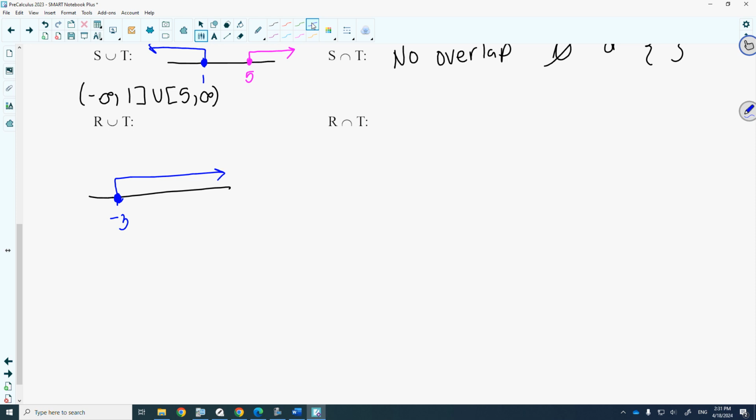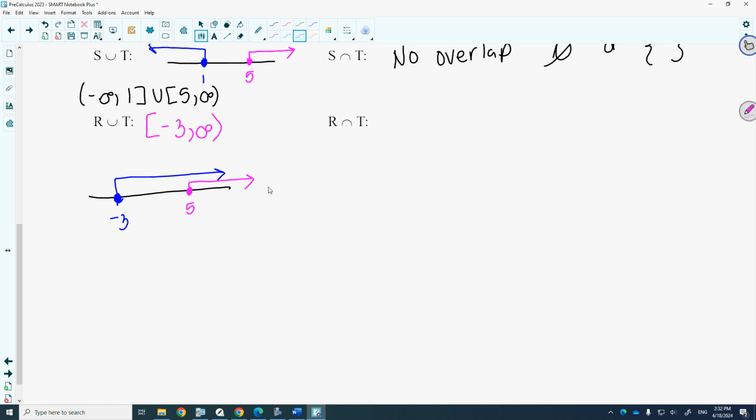T was greater than or equal to 5, so I'm going to have 5 over here, and it could be 5, or anything bigger than 5. The union of R and T is all solutions, so all solutions need to be included. Basically, I need to start at -3 and go to infinity. This would be represented by square bracket -3 to infinity round bracket.